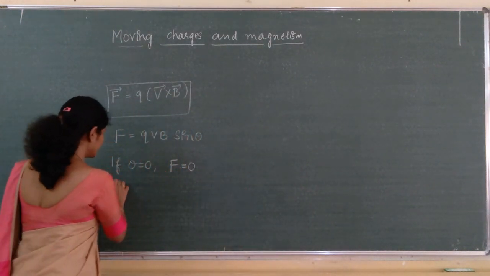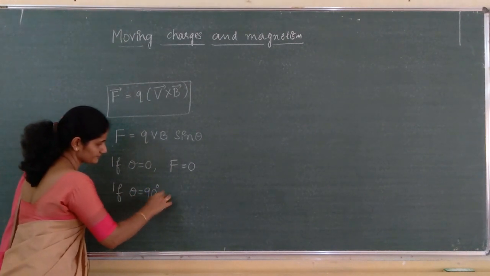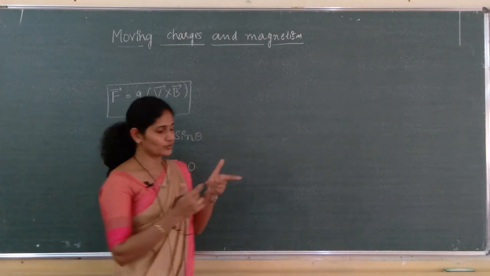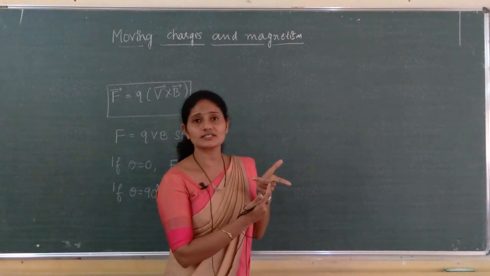If theta is equal to 90 degrees, that means the angle between velocity and the magnetic field is 90 degrees.